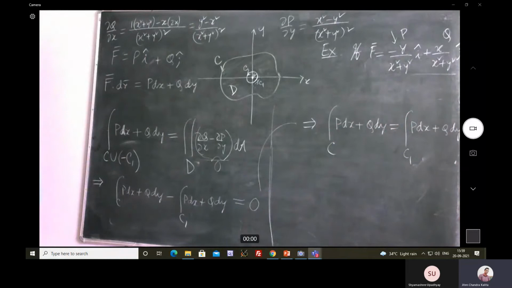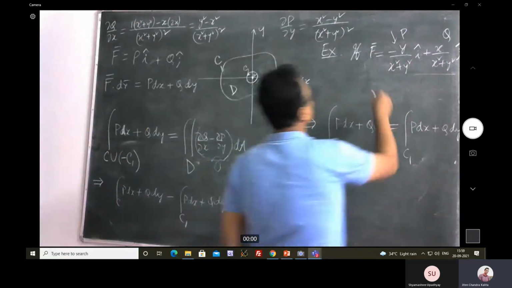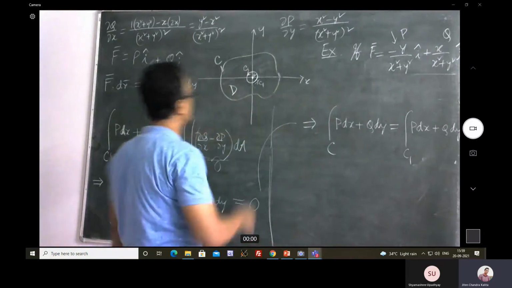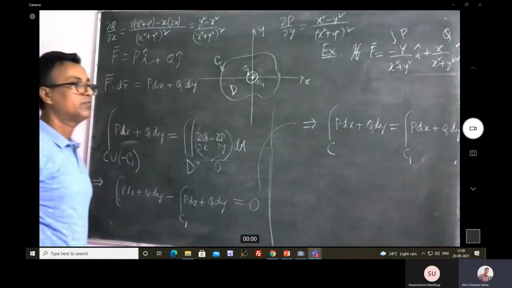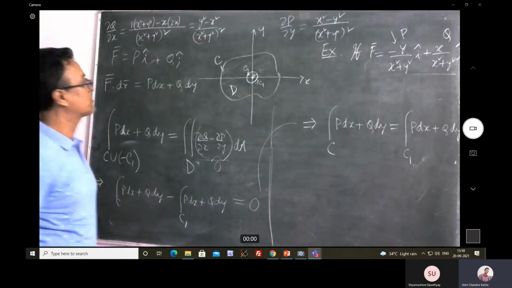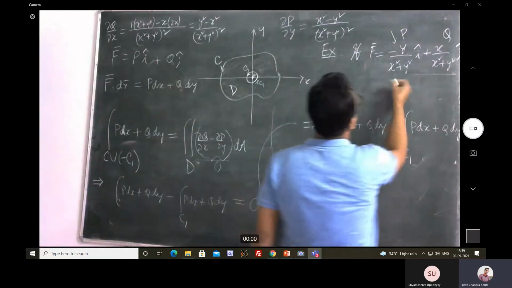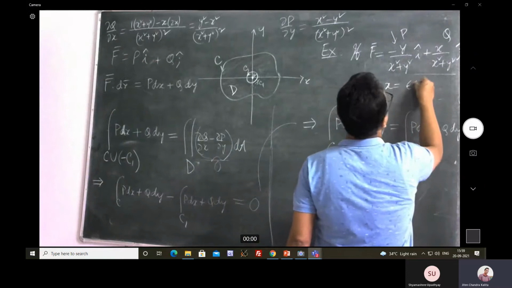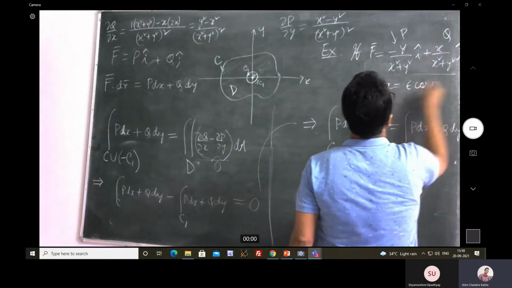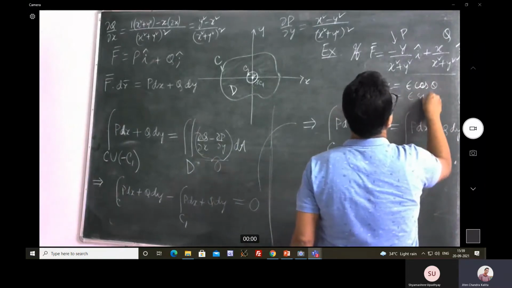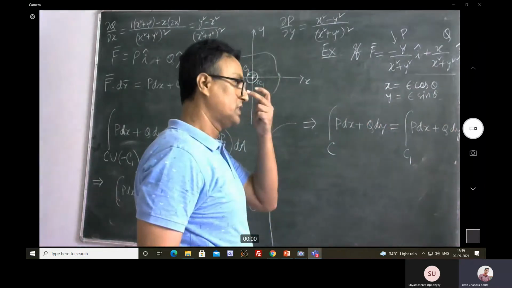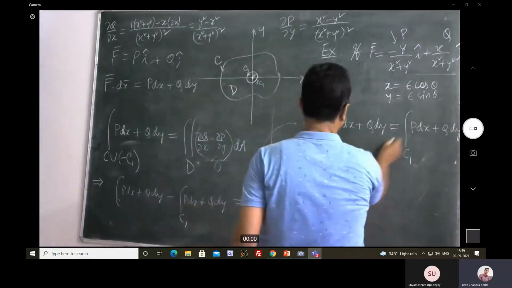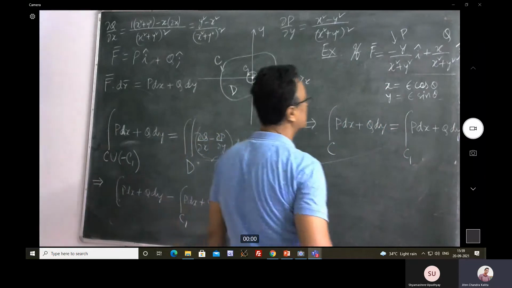Now we are simply going to use polar coordinates for this curve C1. You know that x is epsilon cos theta, y is epsilon sin theta, and theta goes from 0 to 2 pi.